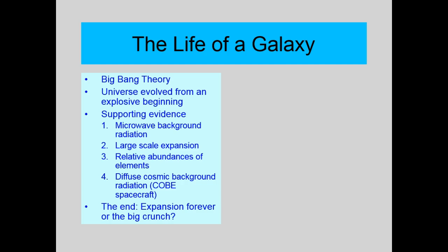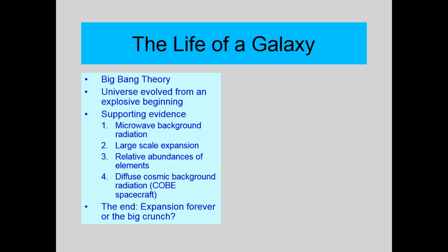Accelerating meaning we're getting further apart at a faster rate. So not only are we expanding, but we're going at a faster rate. And I cannot begin to imagine what that force would be. The other, and we sort of hit on this a little bit, the relative abundances of the elements.